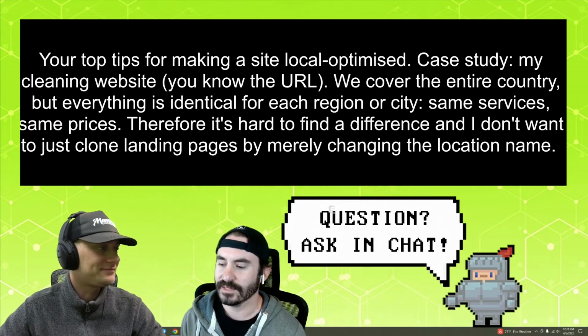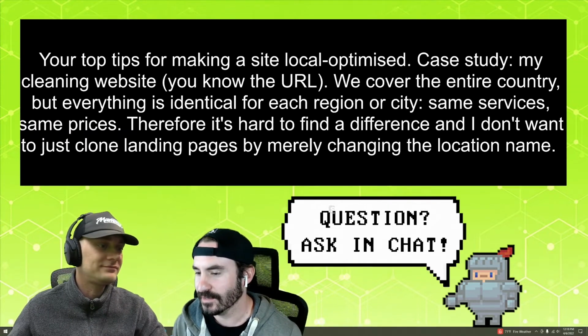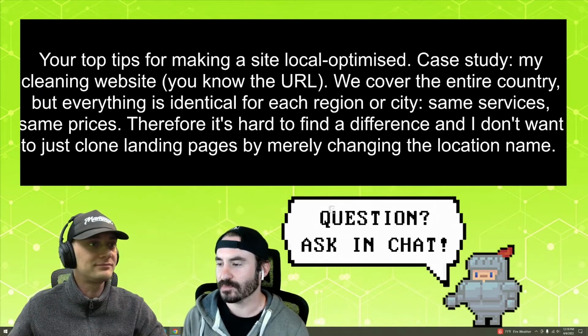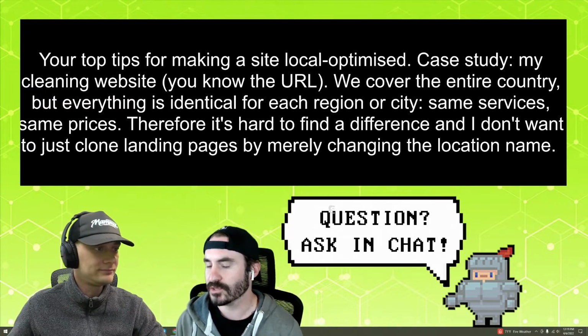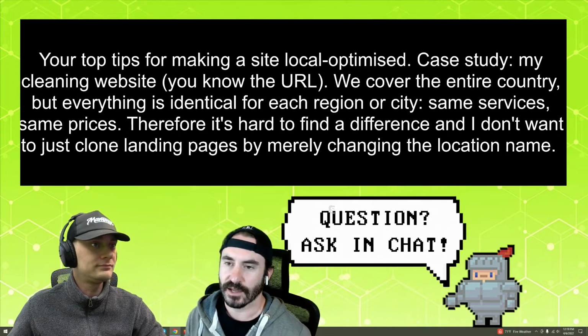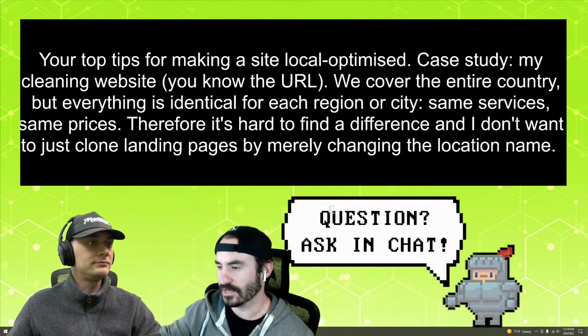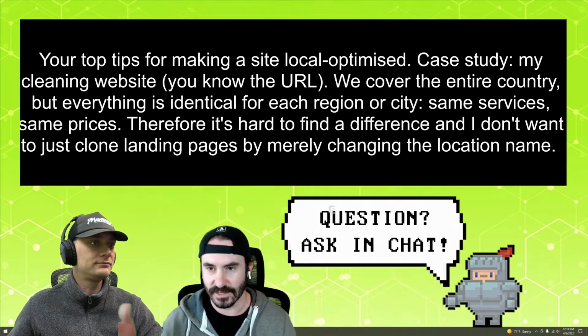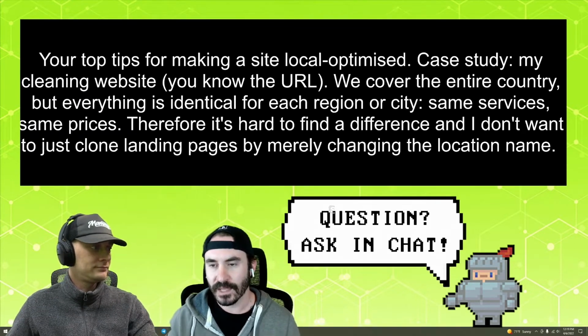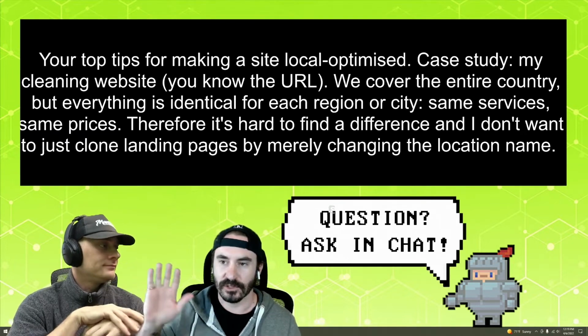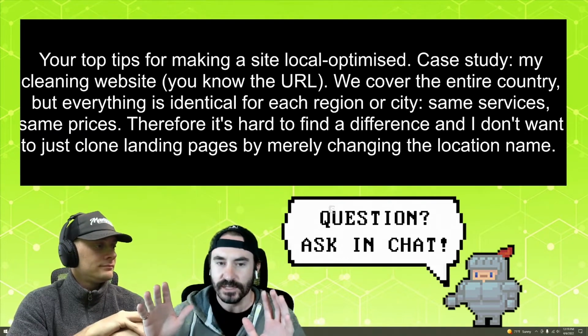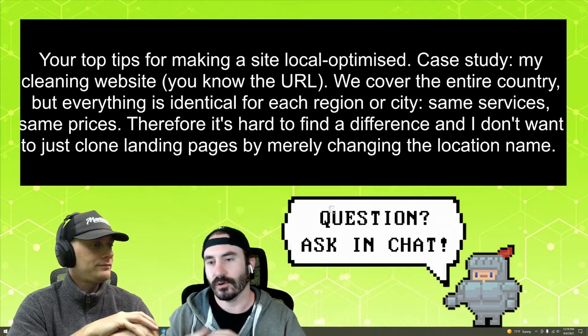It's easy to get confused by overthinking this, and of course, it's easy to write the same thing, regurgitating the same info. But what's important to think about with a local site is that typically they do two things.